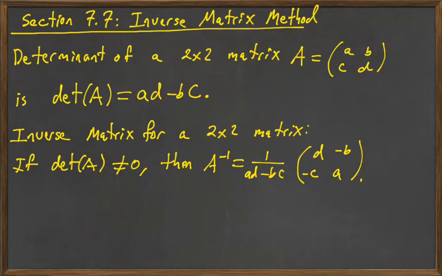And provided that the determinant's not 0, then the inverse, we'll call A to the minus 1, is going to be 1 over the determinant, so 1 over AD minus BC. And then we'll switch the A and the D along the diagonal, and the B and the C will change to opposite signs. So that is our inverse.